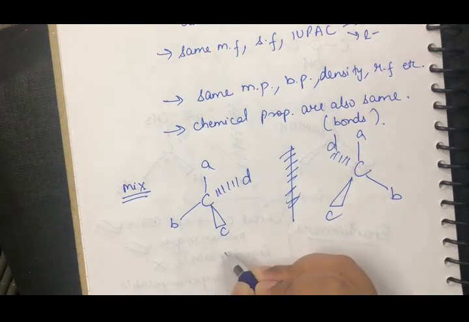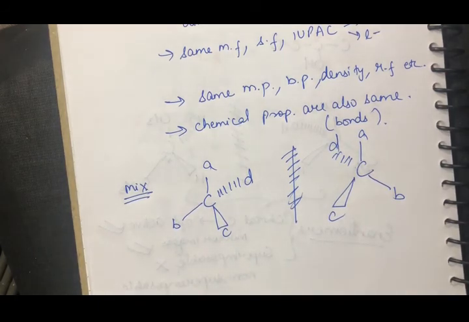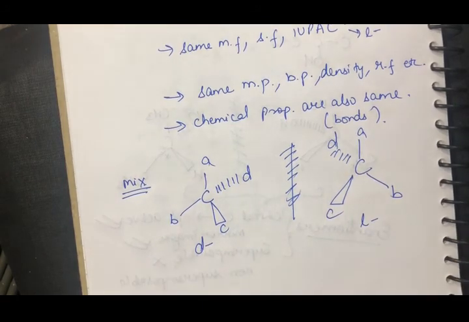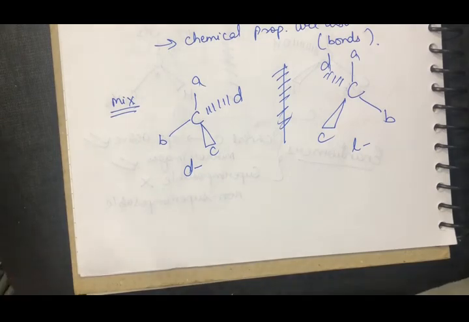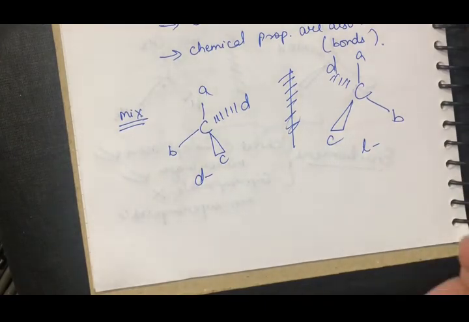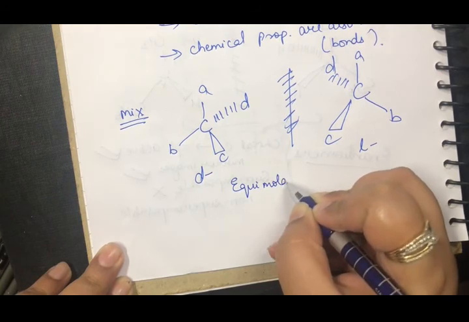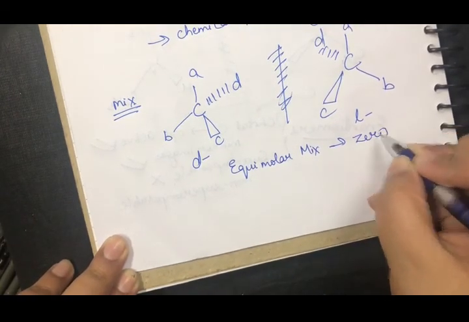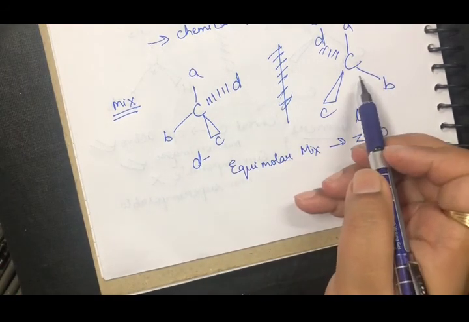Now if I take an equimolar mixture of both of them in my solution, मैंने 50 ग्राम डेक्स्ट्रो रोटेटरी फॉर्म उठाई थी. If it is dextrorotatory, this is levo, तो मैंने 50 ग्राम डेक्स्ट्रो उठाई, 50 ग्राम लीवो उठाई. So what has happened is कि मैंने equimolar mixture लिया, and I can say 1 मोल इसका लिया और 1 मोल इसका लिया. If I take an equimolar mixture of the enantiomers, तो ऑप्टिकल रोटेशन कितनी हो जाएगी, 0, क्योंकि इसने for example +x डिग्री घुमाया होगा, तो इसने -x डिग्री घुमाया होगा.